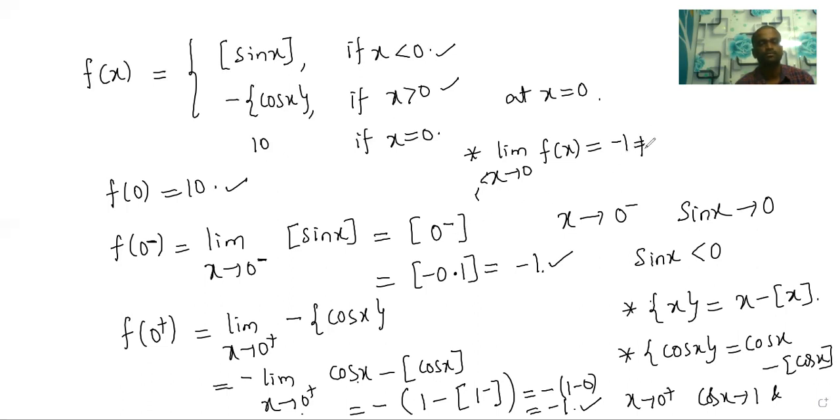But it is different from the value of the function at 0. So this function has isolated point type discontinuity at x equal to 0.